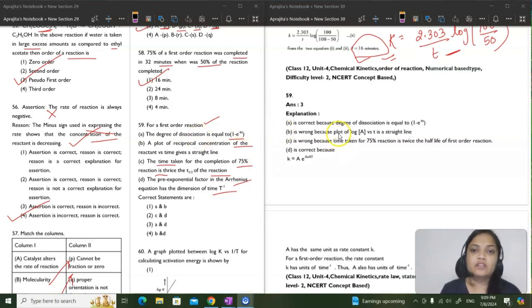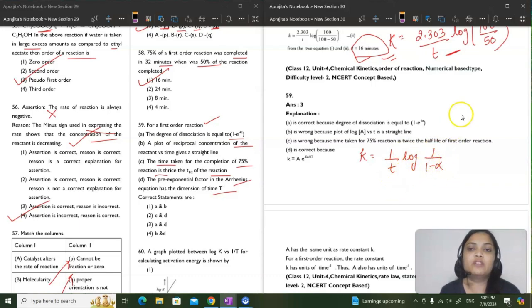So students, if I talk about the rate constant for first order reaction, here I can write it as log of 1 upon 1 minus alpha, in terms of the degree of dissociation, which is alpha. Okay, so kt is equal to log to the base e of 1 upon 1 minus alpha. So we can write it as kt is equal to minus log of 1 minus alpha, because I have put it in the numerator.